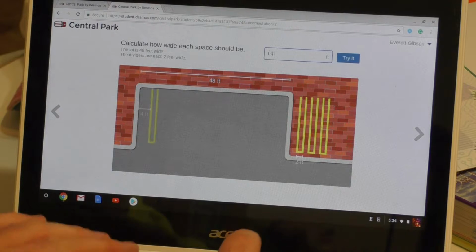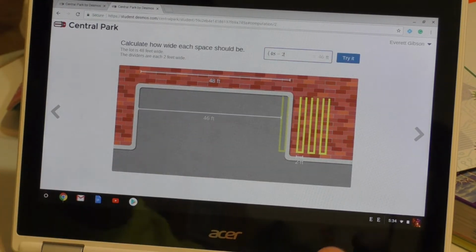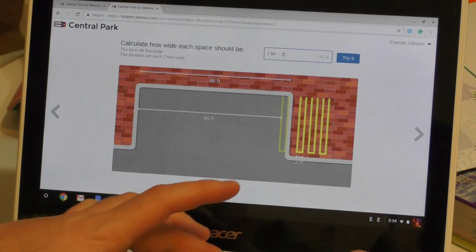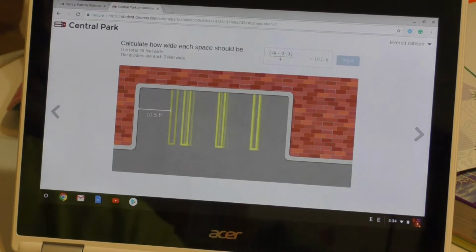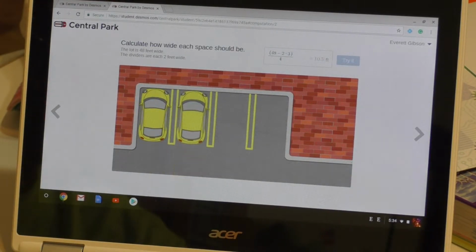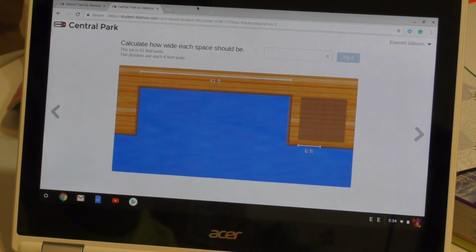So length is 48. Now I'm going to subtract off these dividers, which are 2 feet wide, times 3 of them, so 6 feet. And we're going to take that and divide it up by 4. Let's see it again. Okay, I think I have a strategy that works pretty well. Test it out one more time, because those numbers were pretty even.